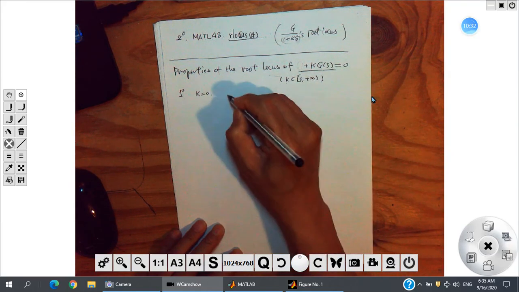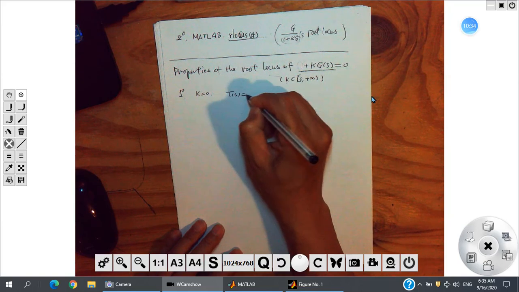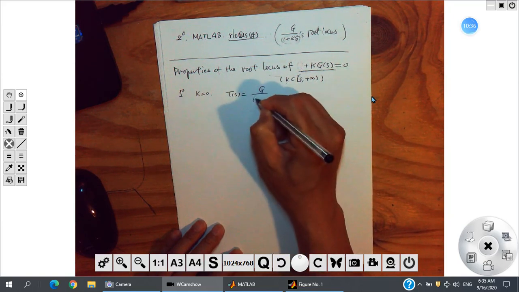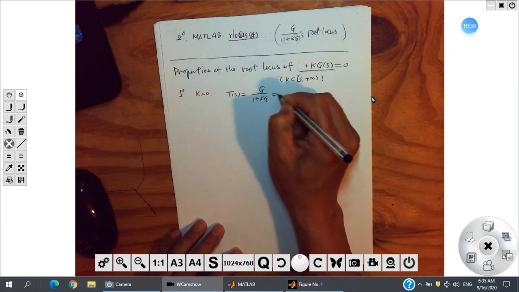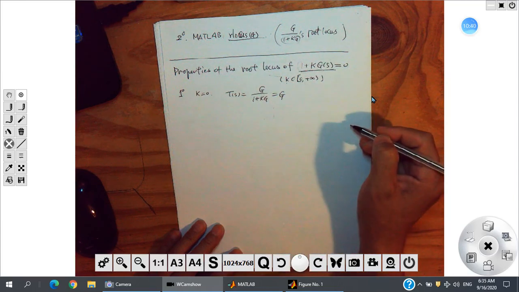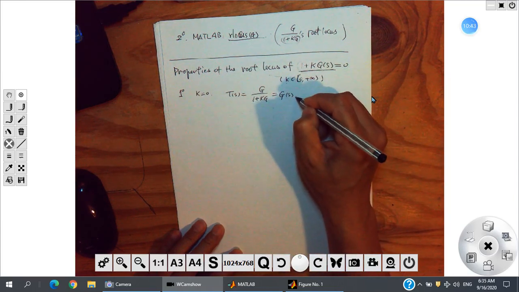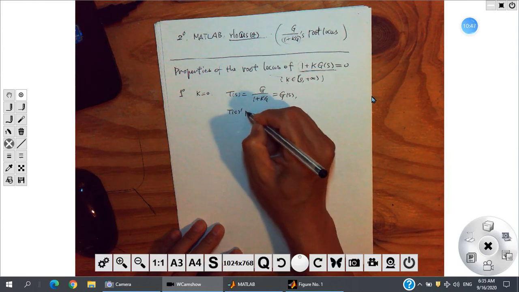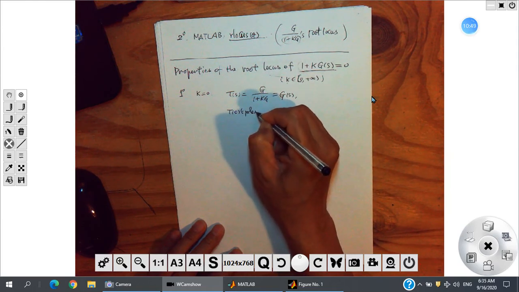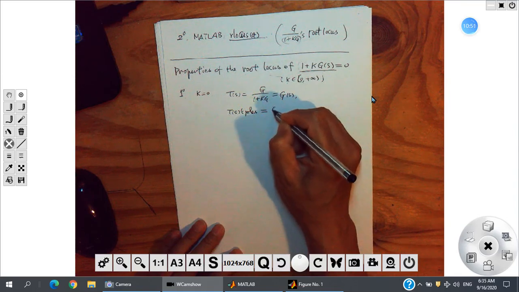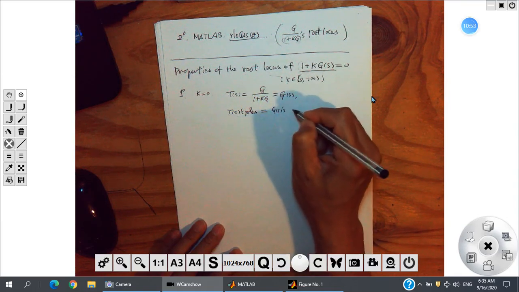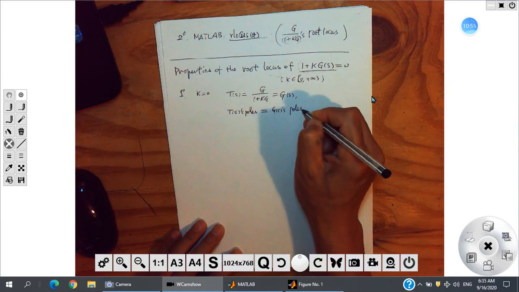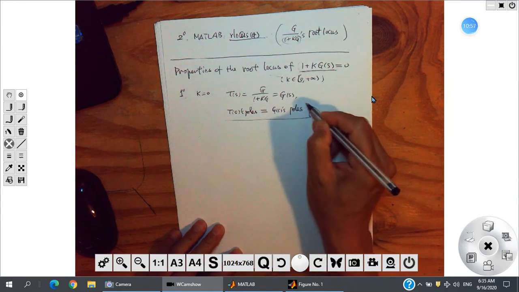Now the transfer function equals g over 1 plus kg. It is just g, right? So in this case, T's poles equal G's poles. Poles of G and poles of T are totally the same.